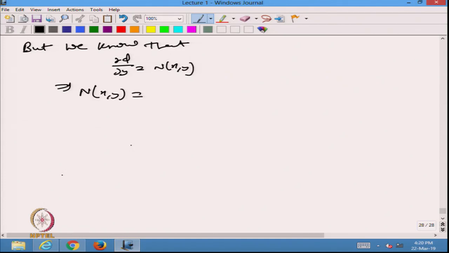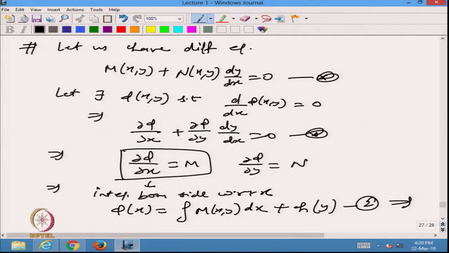N(x, y) is given to me, and phi is also given to me. So from here I can write del M by del y dx plus h dash y, because now I have this equation 2.